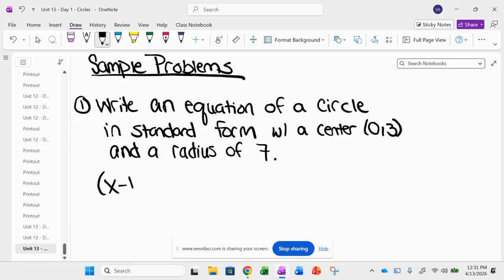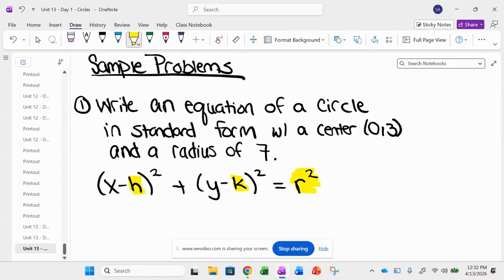Okay, so the standard form of an equation of a circle is going to be the quantity of x minus h squared plus the quantity of y minus k squared equals the radius squared. And now in order for this equation to make sense, we need a value for h, we need a value for k, and we need a value for r squared. So let's go and plug in. Well, they said the center is (0, 3). So remember, the center is (h, k) and the radius is r.